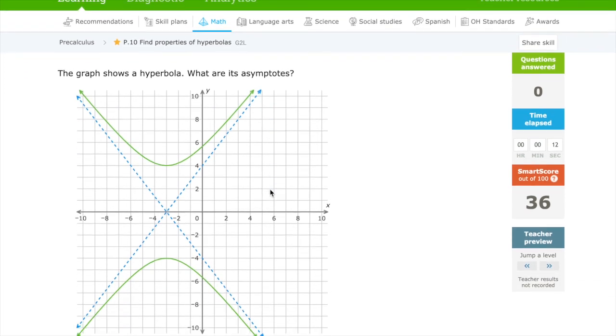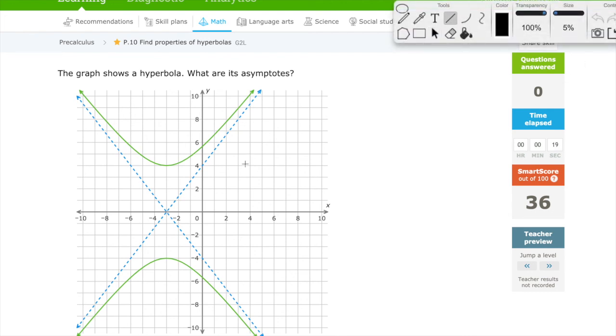The asymptotes, okay, so that's just where we found the slope. So this would be like up 4 over 3, and we would put like y equals 4 over 3x and y equals negative 4 over 3x, because we also would have to go down and over for this one.